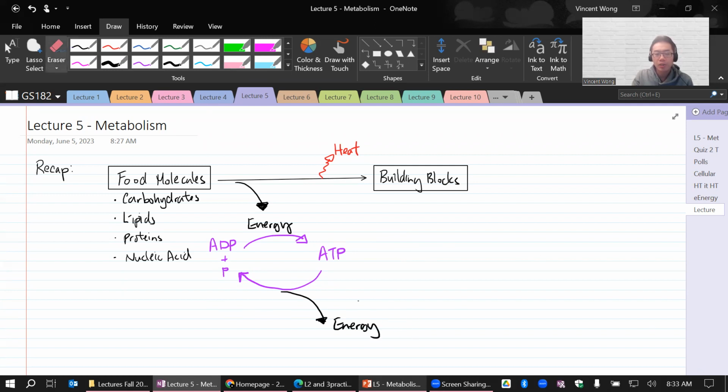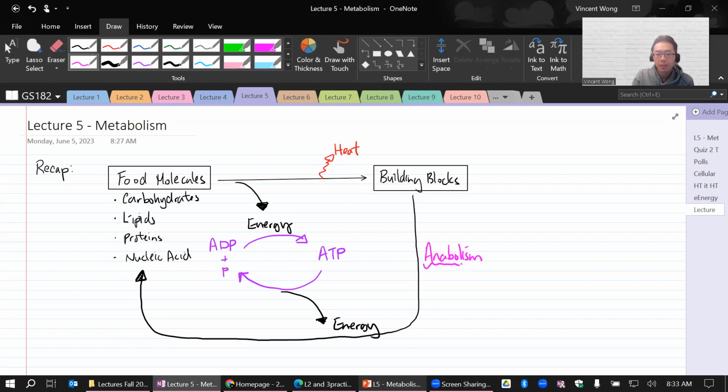Okay, and then this energy can be used for various things, right? So we can take the building blocks, for example, and we can use this energy, and then we can build molecules again, right? So this building path, that is anabolism, right?